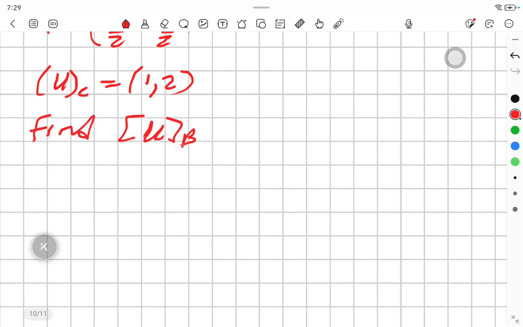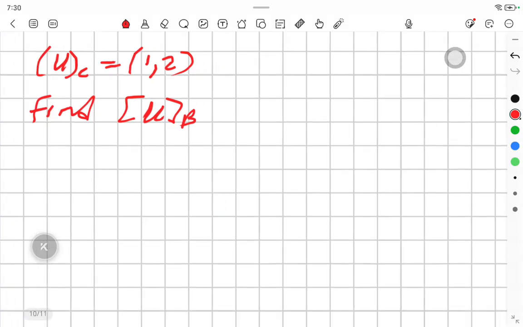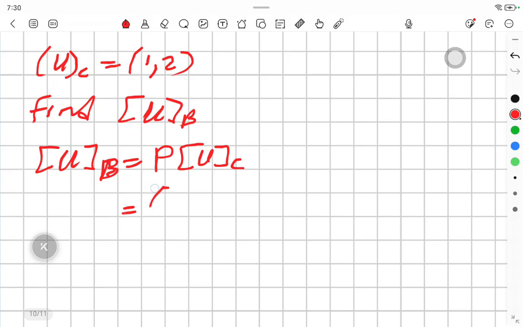Check here, they want us to find a coordinate matrix. If they say find this coordinate matrix, we are going to say that UB is equal to P times UC.